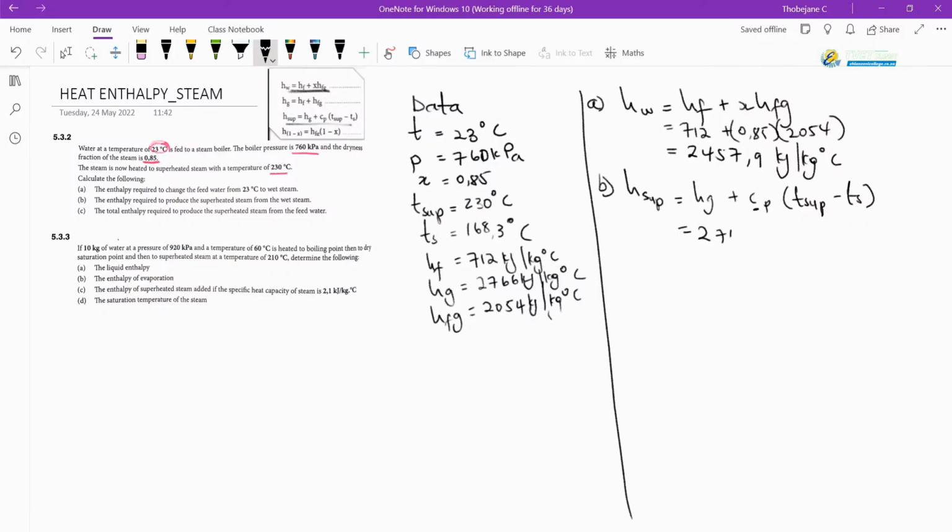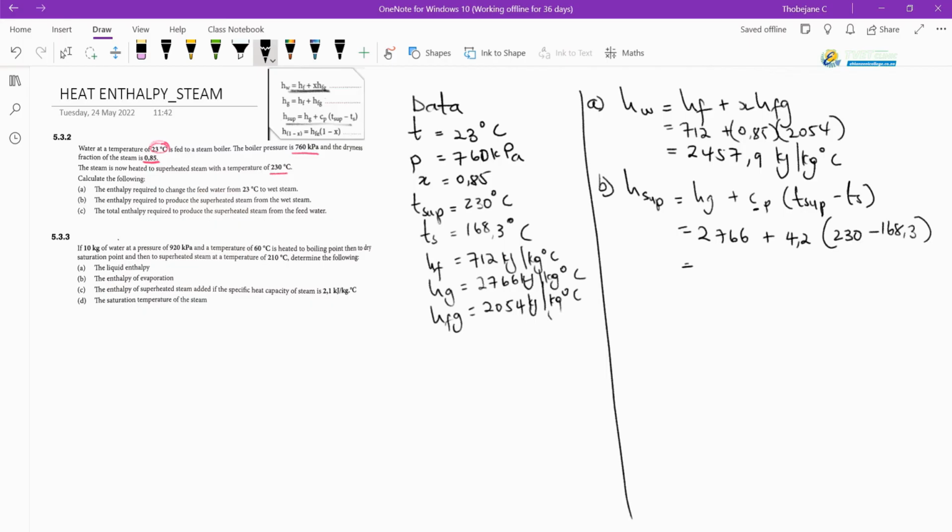So here our Hg is given as 2766 plus our specific heat capacity, I'm going to use 4.2 kilojoules per kg degrees Celsius, times our 230 degrees Celsius, that is our superheated temperature, minus our saturation temperature, in this case Ts, which is 168.3.